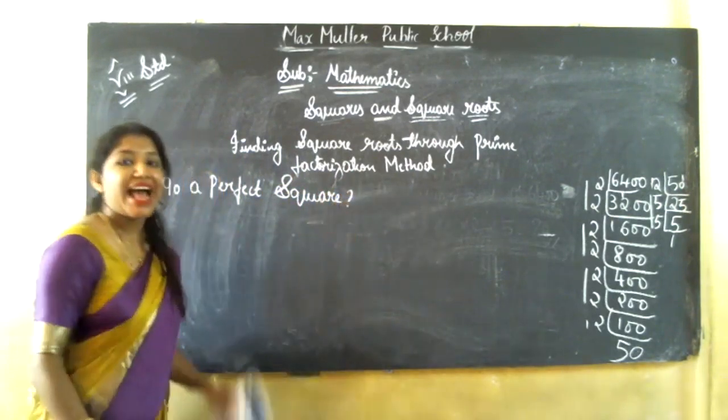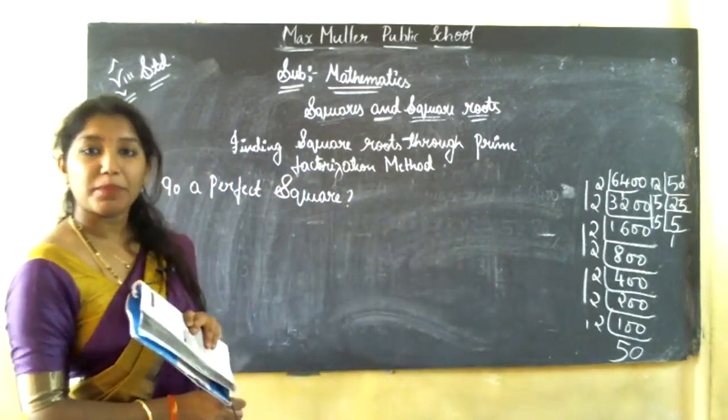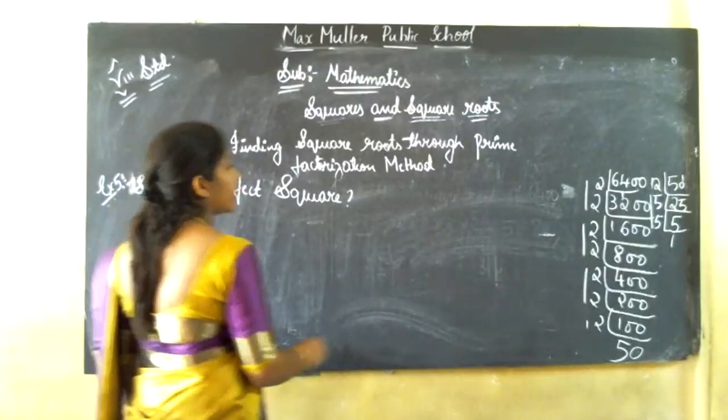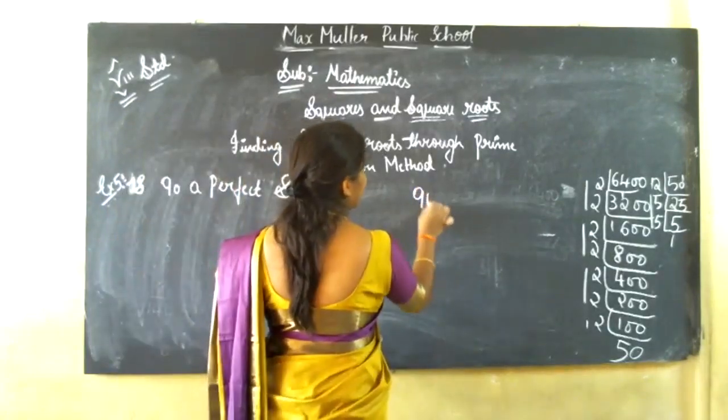As you are all studying right now the prime factorization method, is it not? So what you have to do here, for 90, you do the prime factorization method.